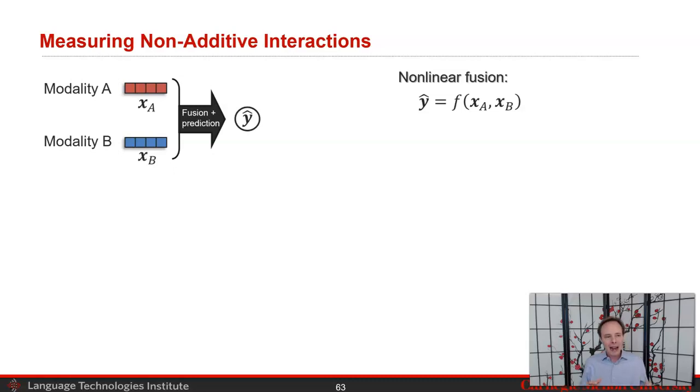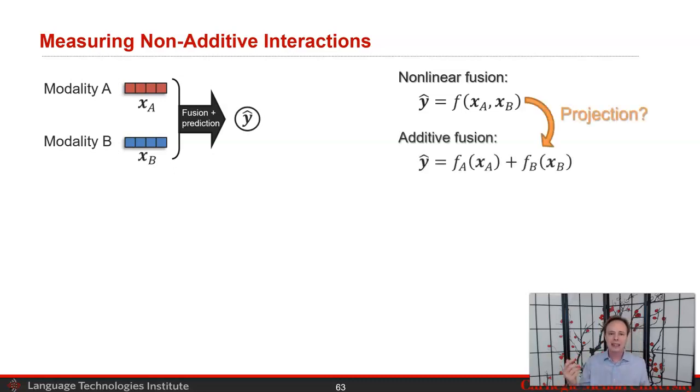If I have this nonlinear model, I concatenate, I bring in a prediction, I would like to be able to find out, is this really learning the non-additive, nonlinear way these are interacting with each other? Or can it be just summarized by an additive fusion, like an ensemble of these?